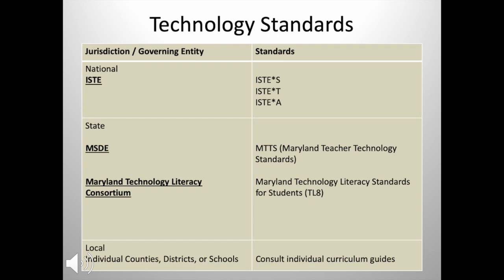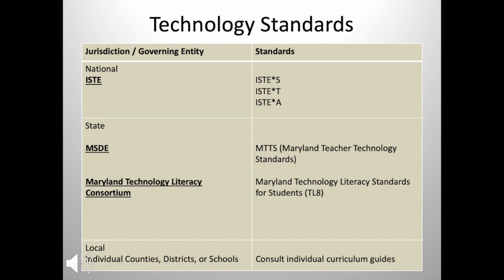In the realm of integrated technology, there are technology standards, similar to academic standards, that focus on concepts, skills, and dispositions. In curriculum areas, technology standards focus on concepts, skills, and dispositions associated with applied technology use in a learning context. The national level technology standards are presented by ISTE.